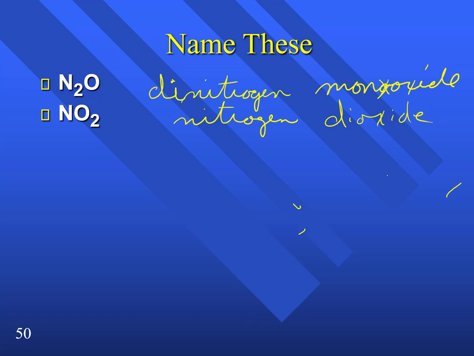About this time, somebody should raise their hand. Excuse me, Mr. Green, NO2? I've been doing my job. NO2 is nitrite. No, it's not. NO2 minus is nitrite. Without the charge, it's a molecule. With the charge, it's a many-atomed ion, a polyatomic ion.